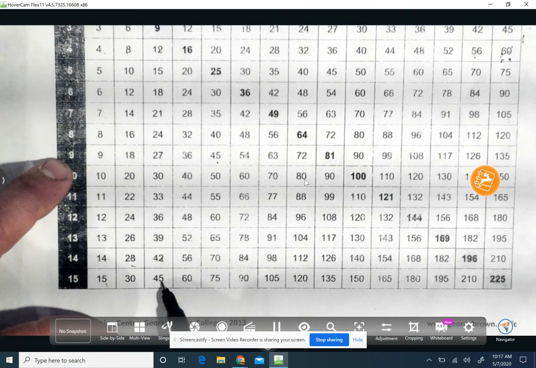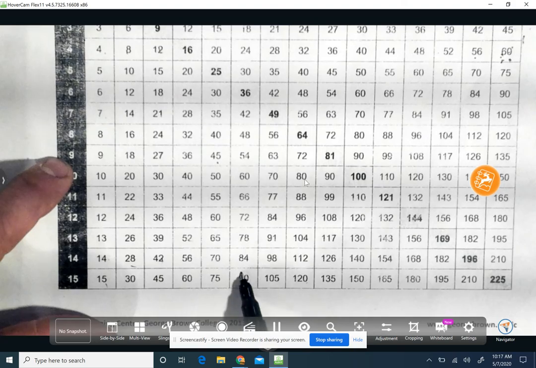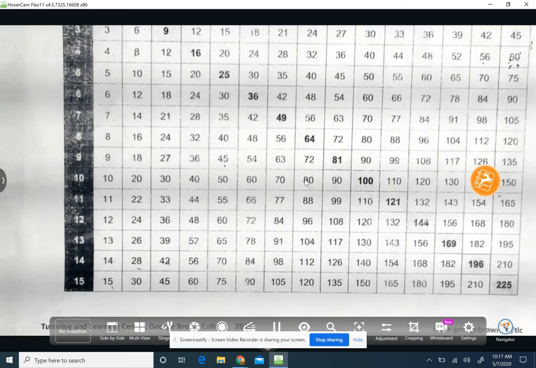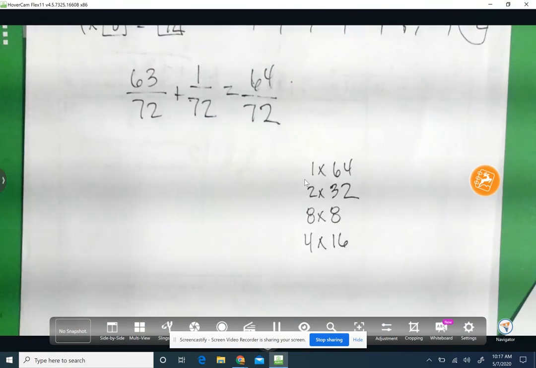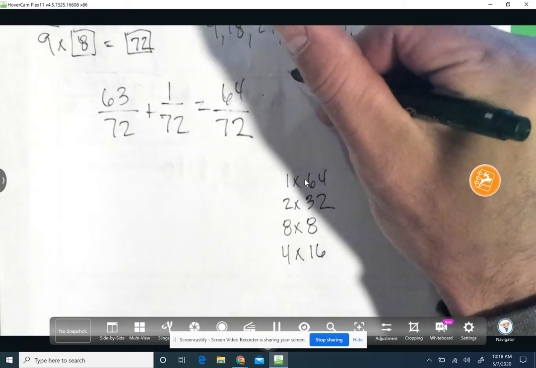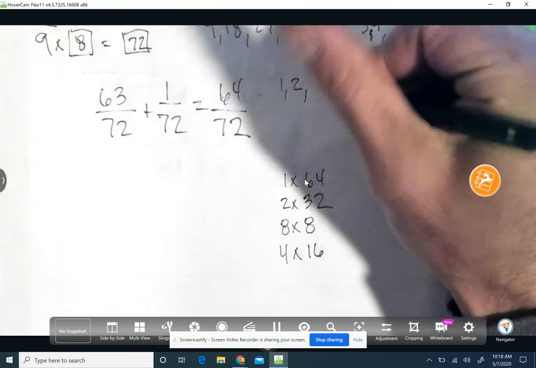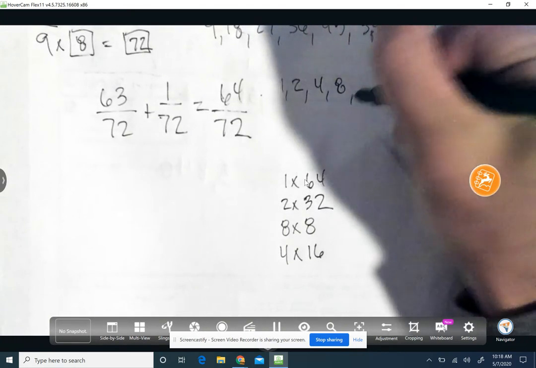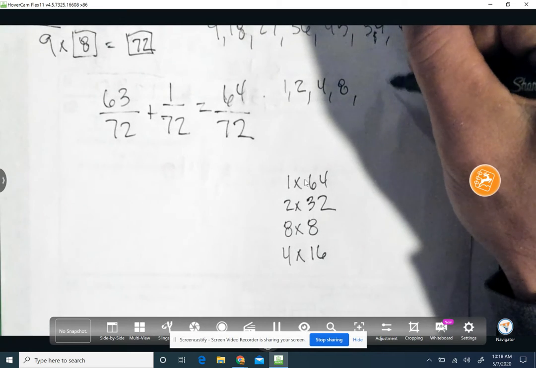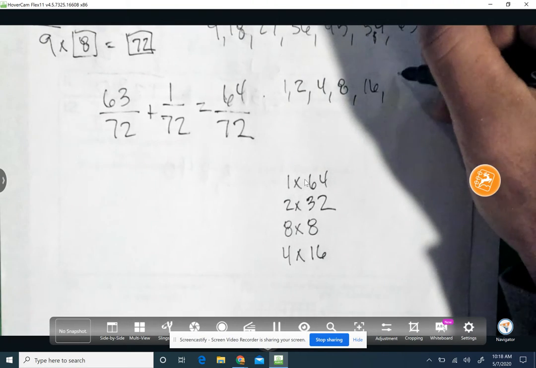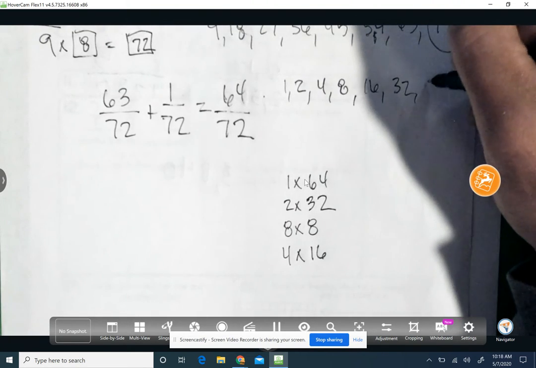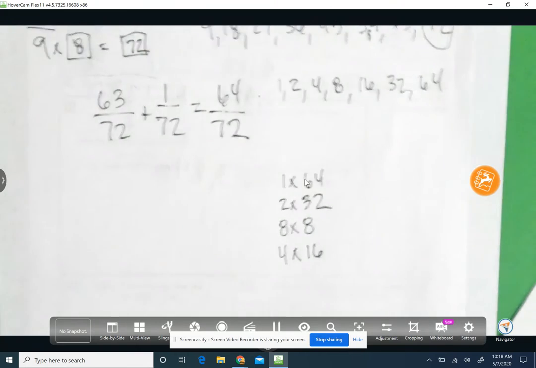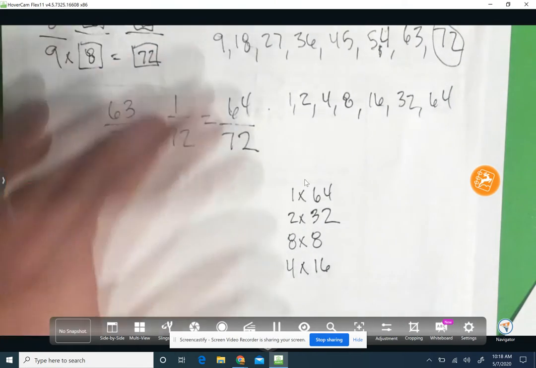Just not seeing 64 again. All right. We are going to assume that we have found the factors of 64, which are 1, 2, 4, 8, 16, 32, and 64. Now the factors of 72.